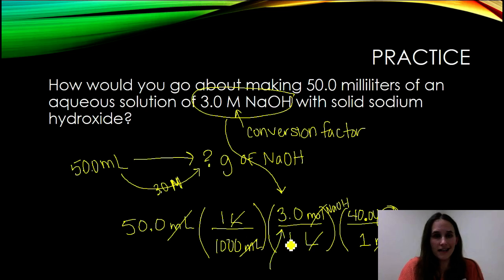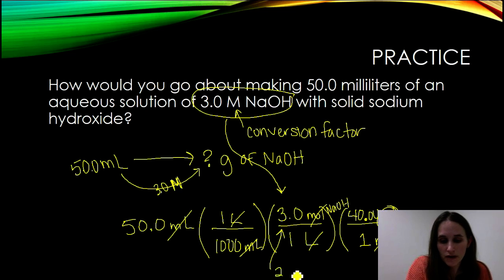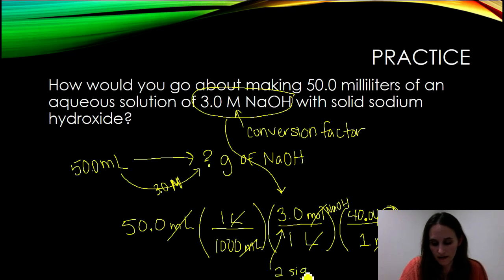My molarity is not an exact number. It's always going to have to be something I measured. I measured out this much. So I'm going to be limited by the error of my beaker and of my balance. So I only have 2 sig figs here, which in the end gets me to 6.0 grams of sodium hydroxide.